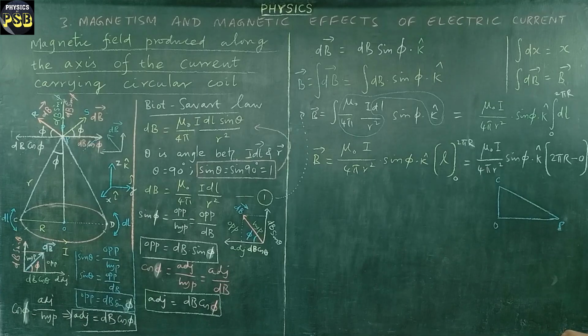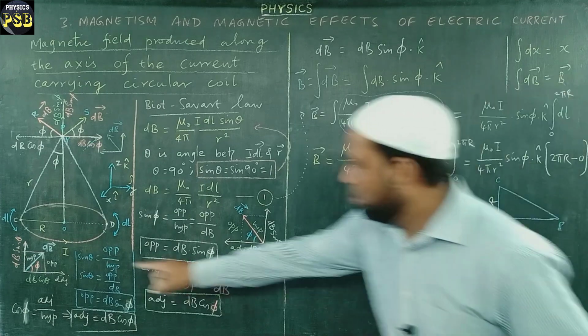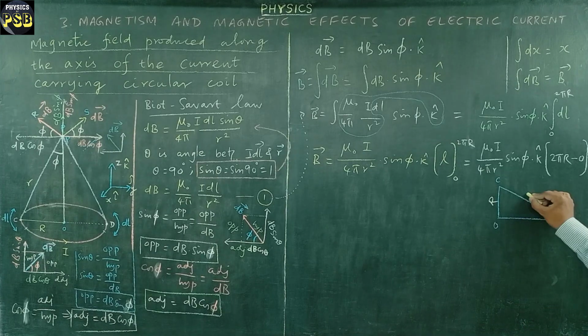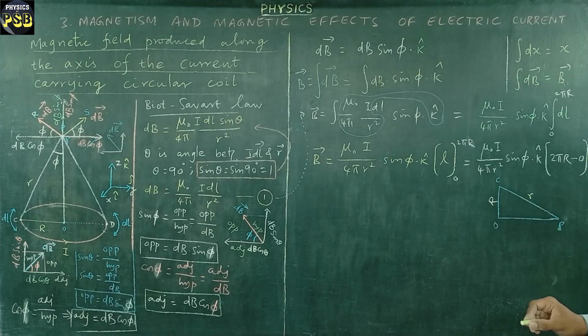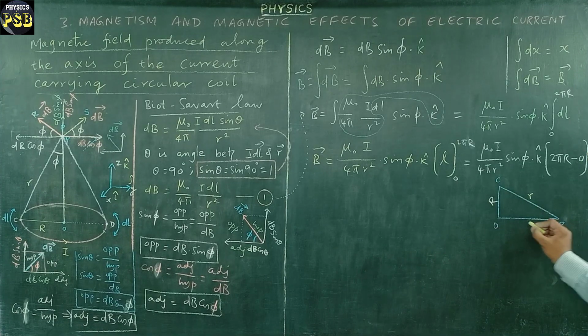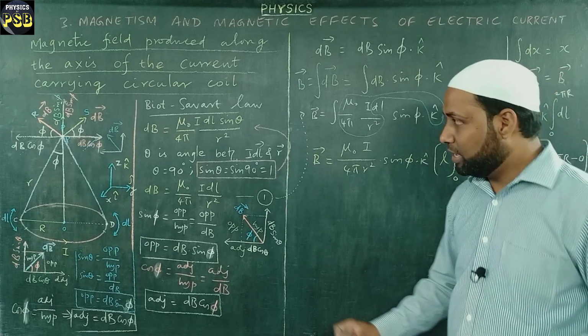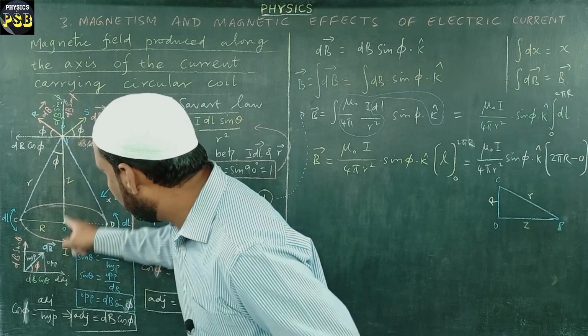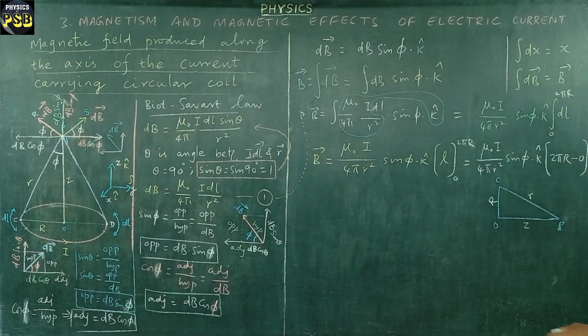Here the distance between OC is taken as capital R from the diagram, and the distance between CP is taken as small r from the diagram. Okay, so what is OP? Here OP is nothing but Z. Okay, but I forgot to mention, here point P is at a distance of Z from O. Why Z?